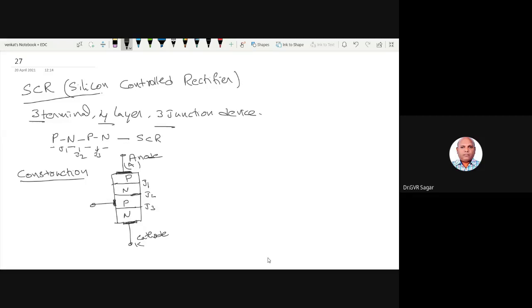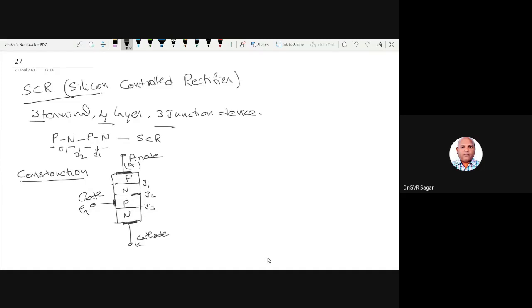This is called the gate. So now we can say that it is a four-layer semiconductor, and between these four layers, three junctions are there, and three terminals are taken out. One is the anode, the second is the cathode, and the third is the gate.